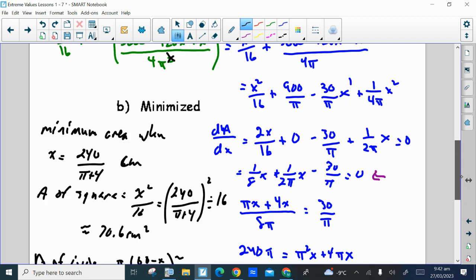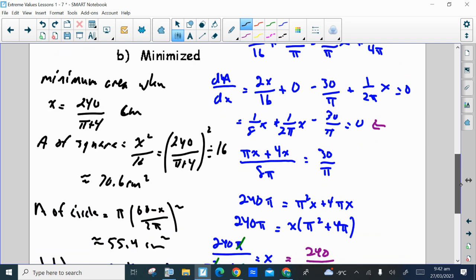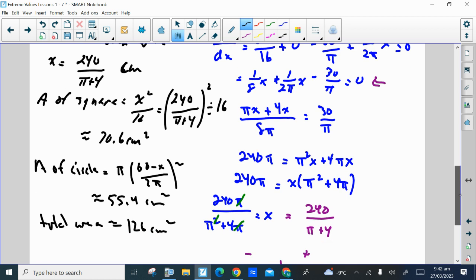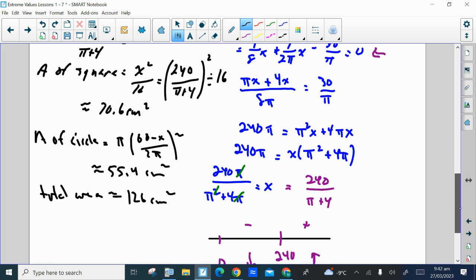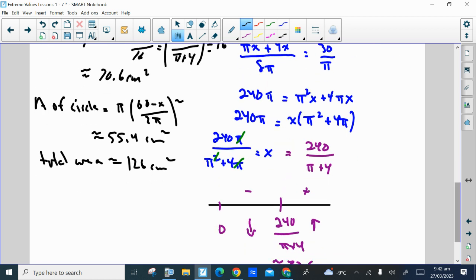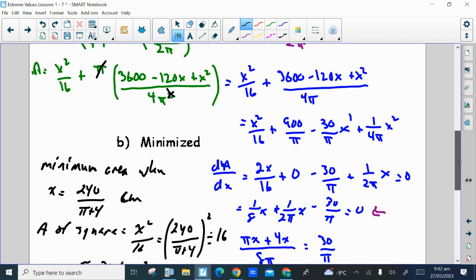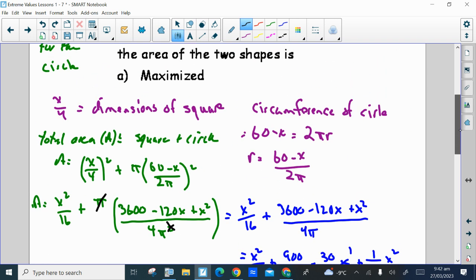So again, this occurs when x is 240 over pi plus 4, which we said was approximately 33.6. And remember, that's the amount of wire that's used for the square.